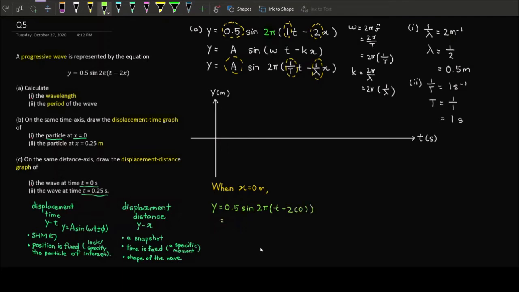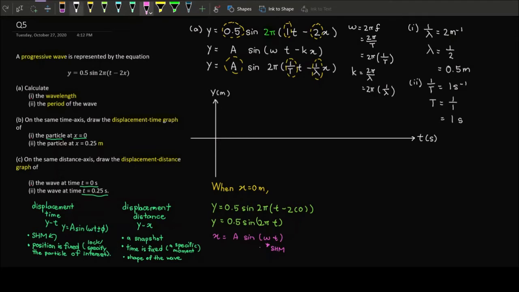So the answer that comes out will be y equals to 0.5 sine 2 pi t. This looks just like the graph that you draw in chapter 9, x equals to a sine omega t. I'm just writing this as a reference, in your SHM.